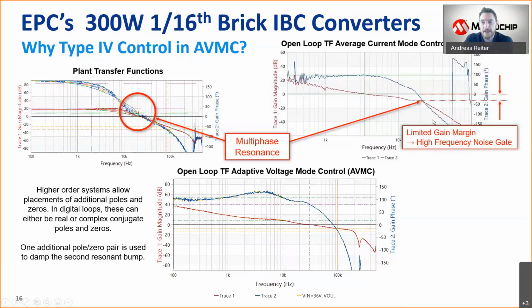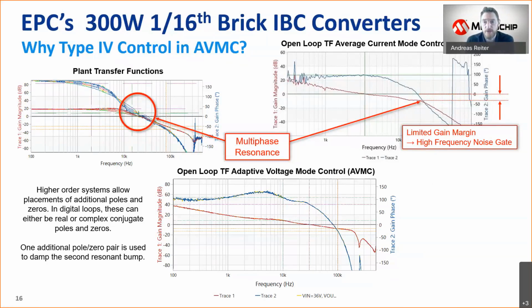So the different control approach we have been taking with these controllers is now not to go for a current loop, but still use a voltage loop approach. But obviously, a normal classical voltage loop might not be sufficient. So what we do here is we use a voltage mode controller of a higher order that gives us additional poles and zeros.